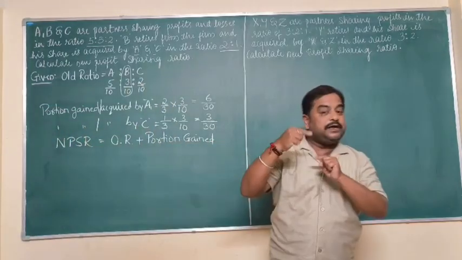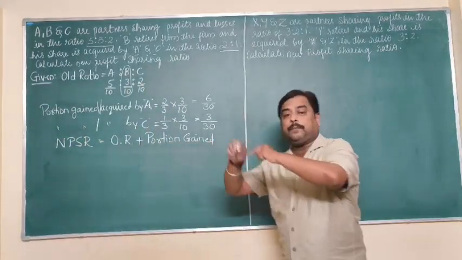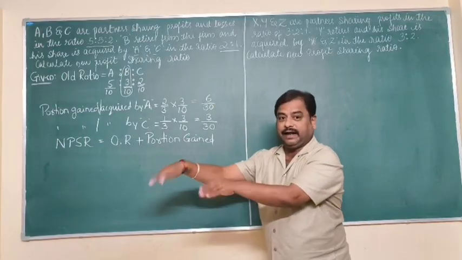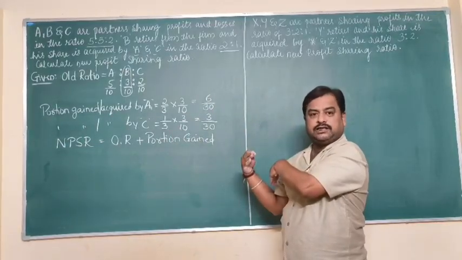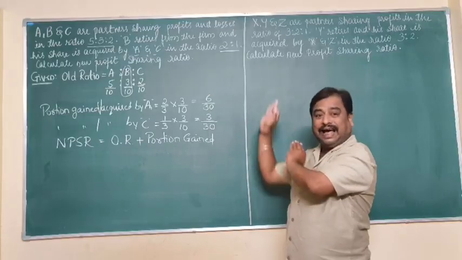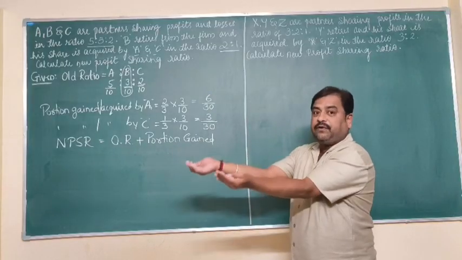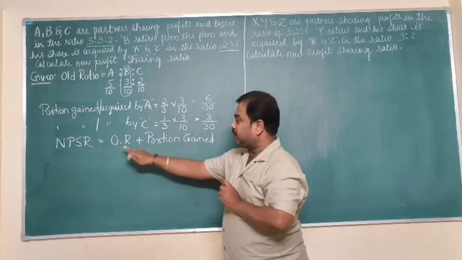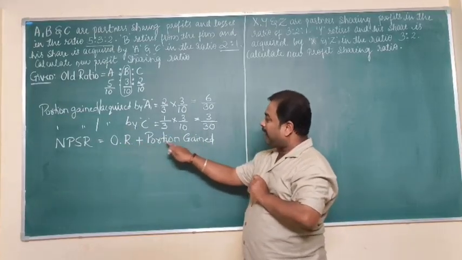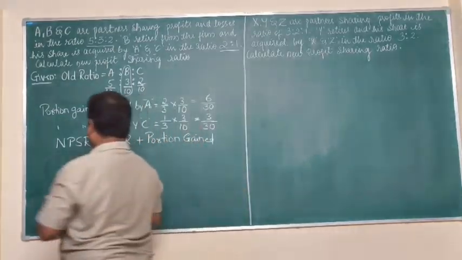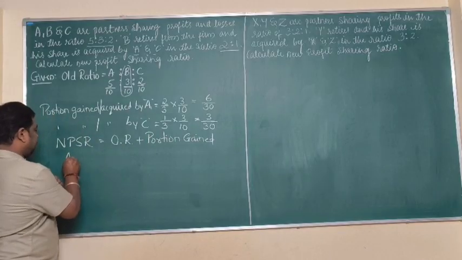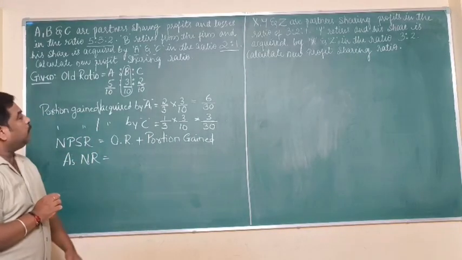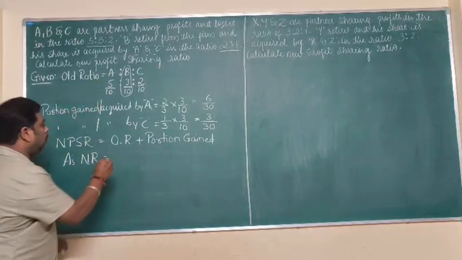In case of admission of a partner, the old partners sacrificed their share towards the new partner. It's exactly the opposite concept here. When a partner retires, his share will be acquired back or gained back by the old partners. So the formula is old ratio plus portion gained. So A's new ratio is equal to, what is A's old ratio?